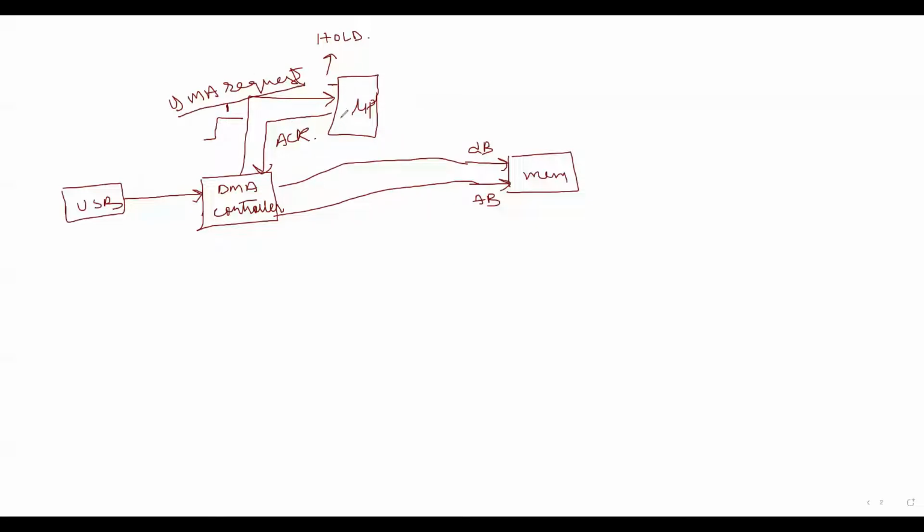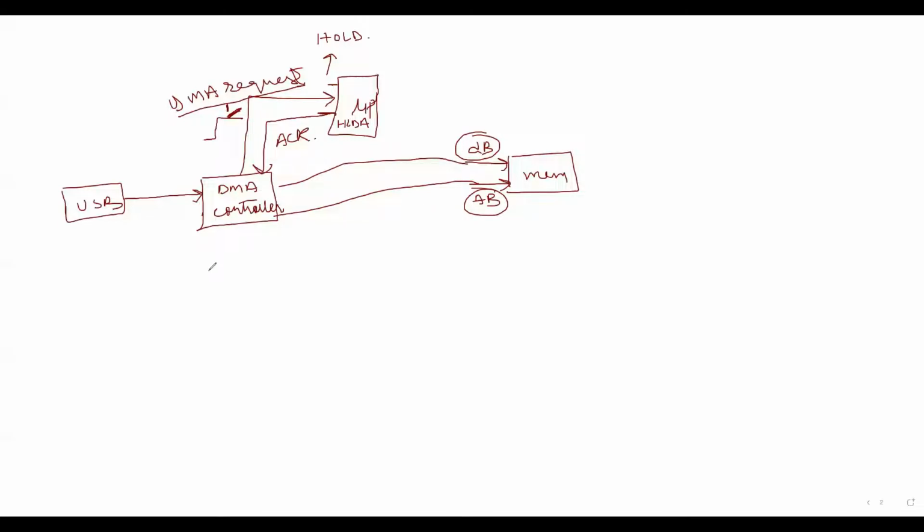It sends an acknowledgement through another pin on the microprocessor, HLDA, hold acknowledgement, which means you can do the data transfer; the data bus and address bus are now under your control. After completing the data transfer, the DMA controller makes the hold signal 0. Zero means it has completed. Then the microprocessor can use the data bus and address bus.